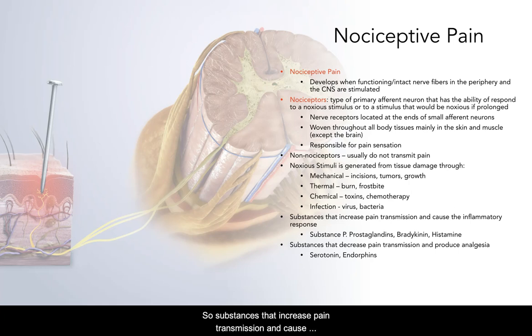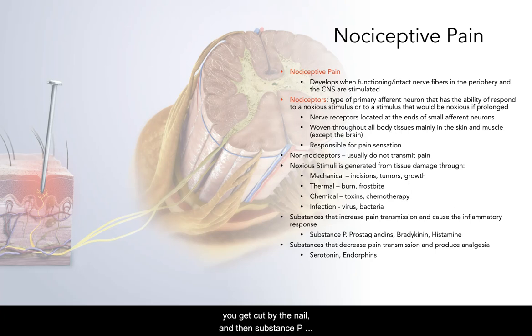There are substances that increase pain transmission and cause the inflammatory response. These are called substance P, prostaglandins, bradykinin, and histamine. For example, when you get cut by a nail, as in this picture, what happens is that these substances are released because of that noxious stimulus.